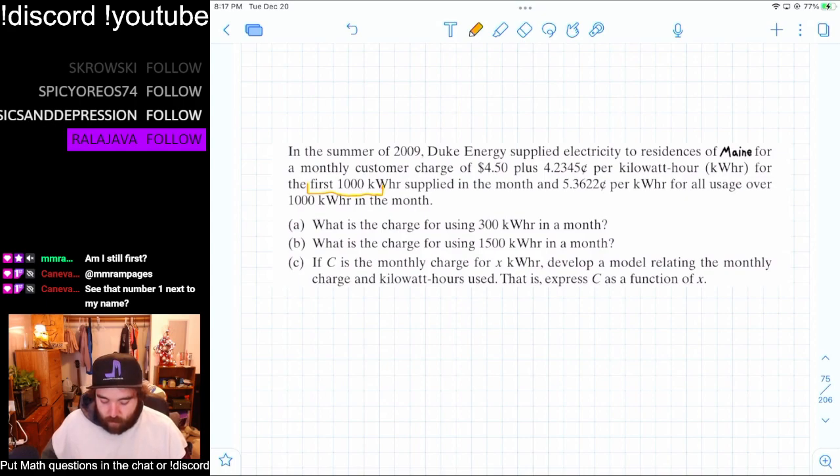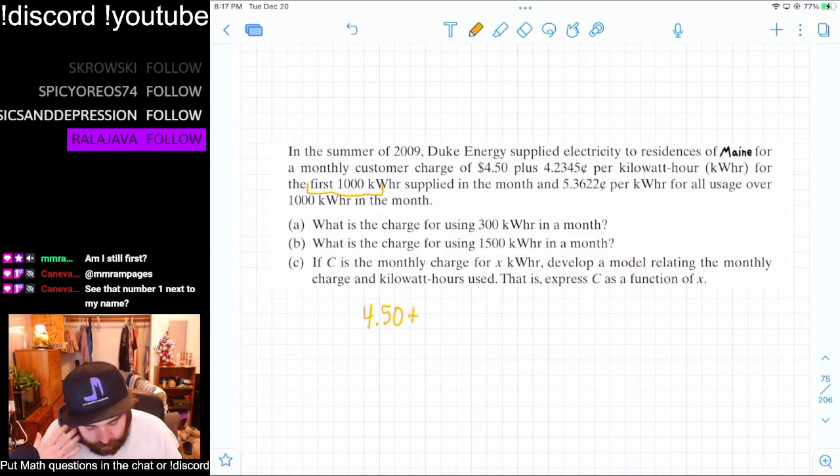So what does that mean? They're going to be charged $4.50 plus, well, we're going to whip out a calculator for this anyway, right?